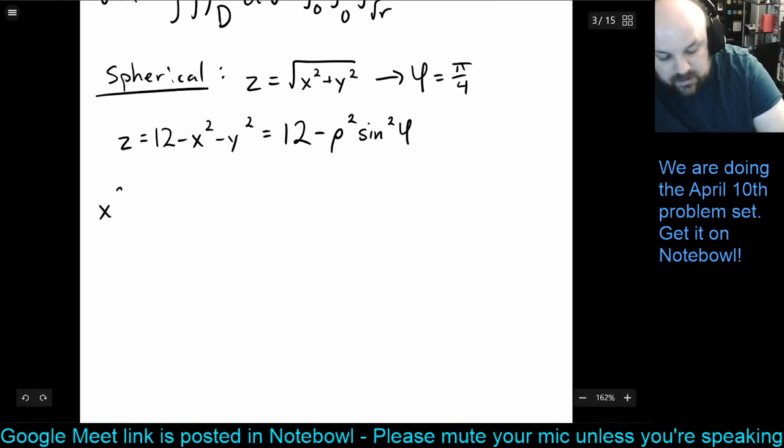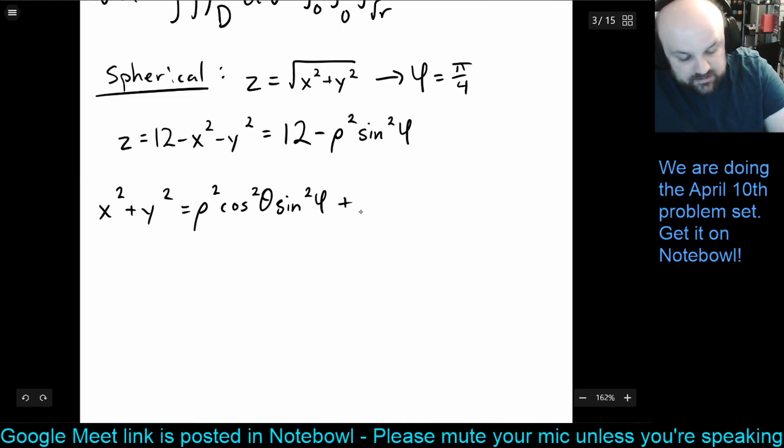So x squared plus y squared. If we switch this to spherical coordinates, we get rho squared cosine squared theta sine squared phi plus rho squared sine squared theta sine squared phi.